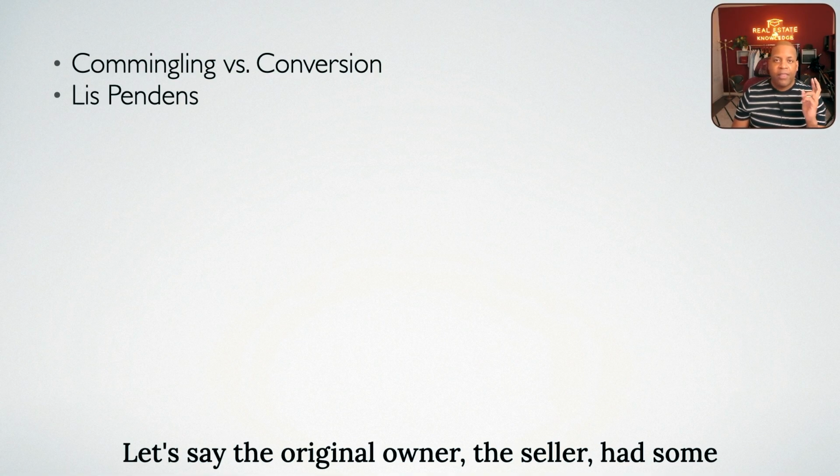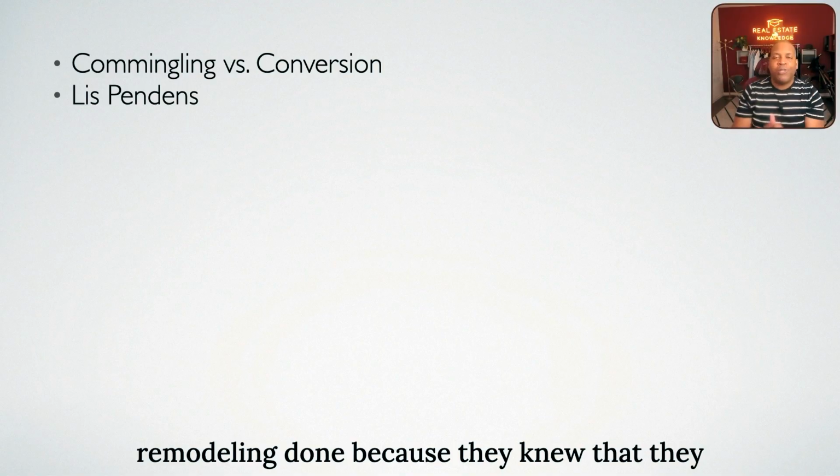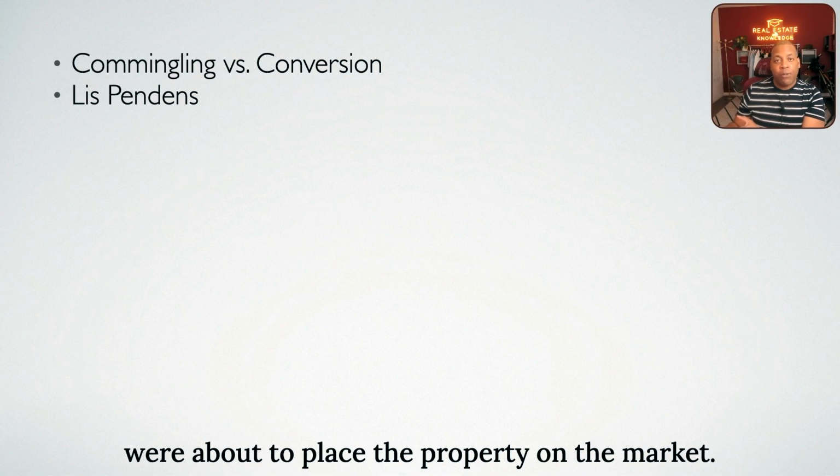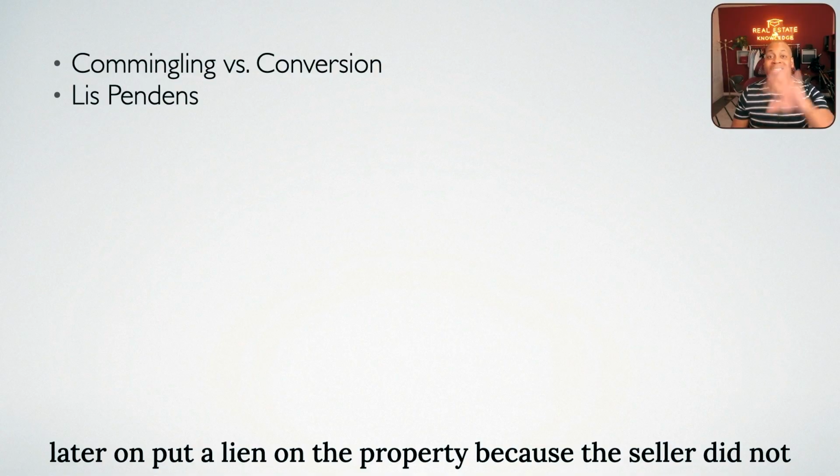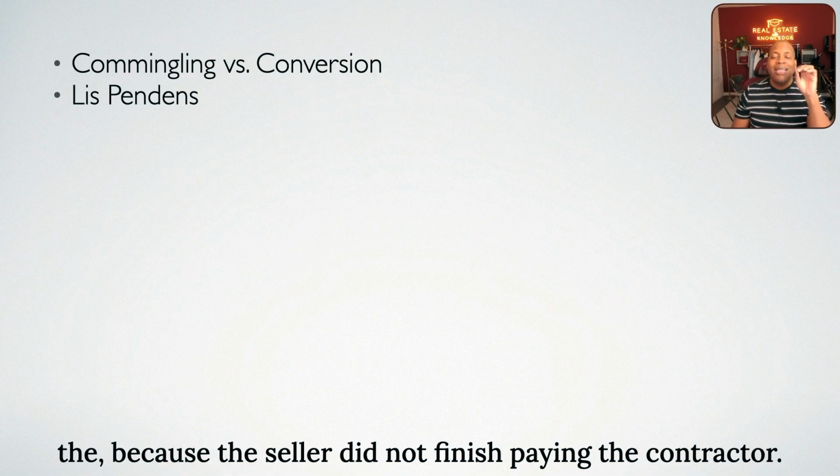Let's say the original owner, the seller, has some remodeling done because they knew they were about to place the property on the market. They hired a contractor, and that contractor later put a lien on the property because the seller did not finish paying the contractor.